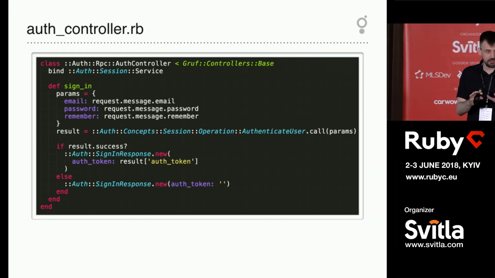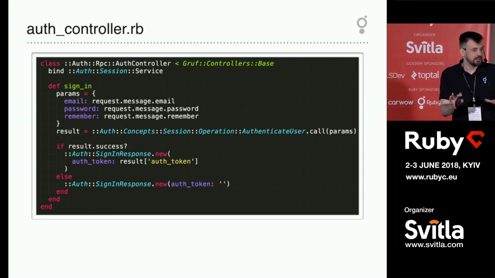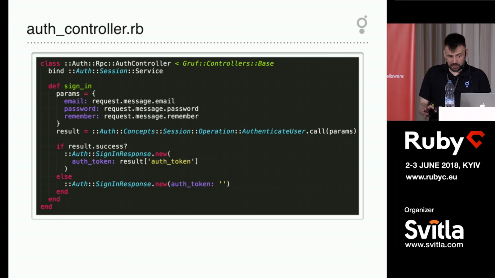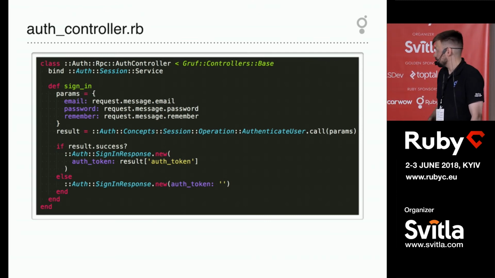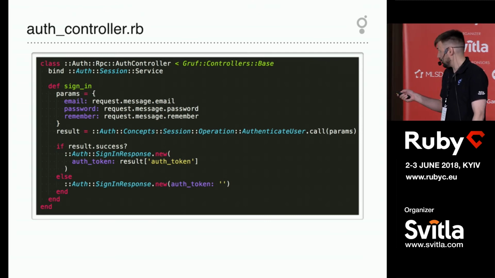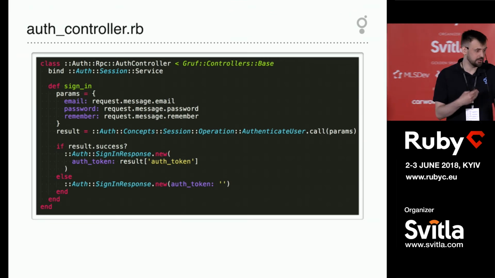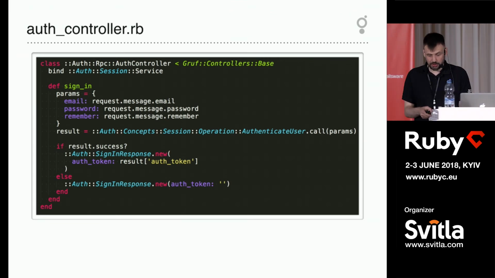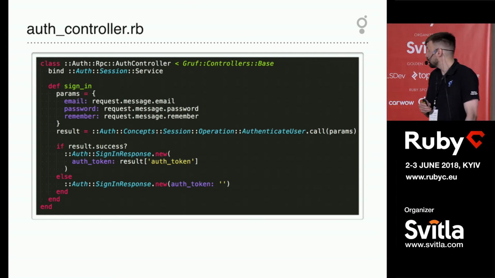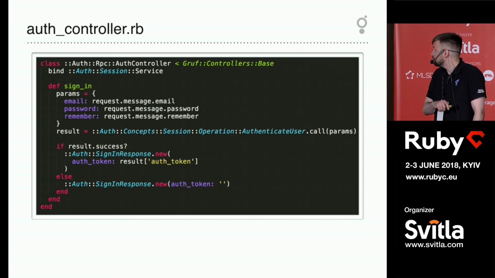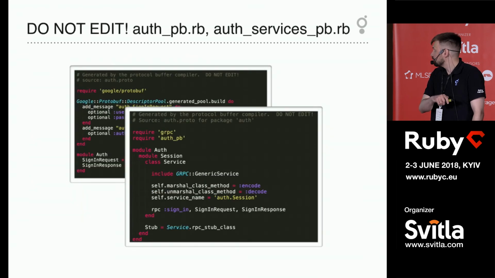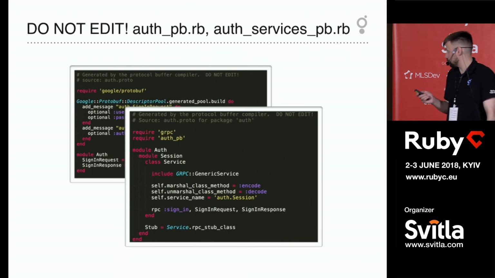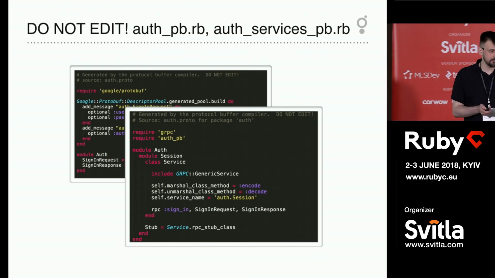And it's completely separated application, and we can just send data to the server, and the server just provides us an authentication token if a user exists. These are two files that we don't need to edit at all, so they will be generated automatically for us.